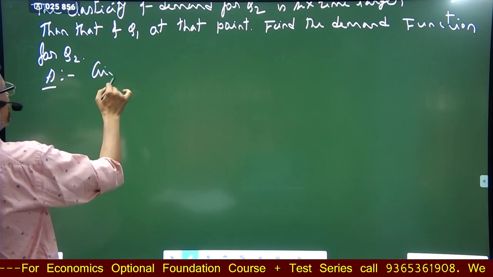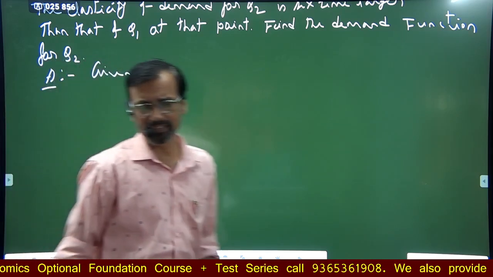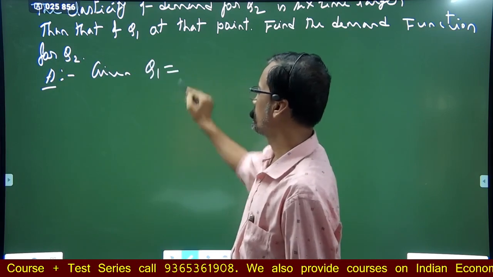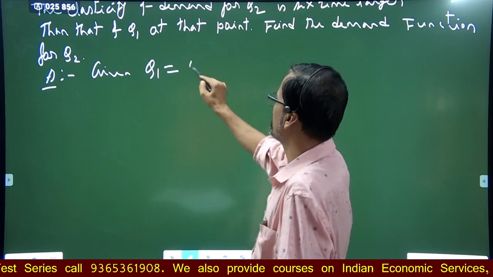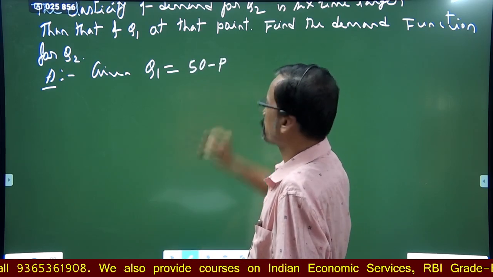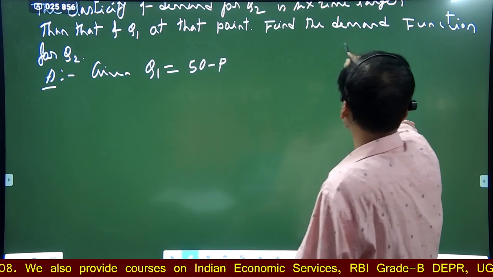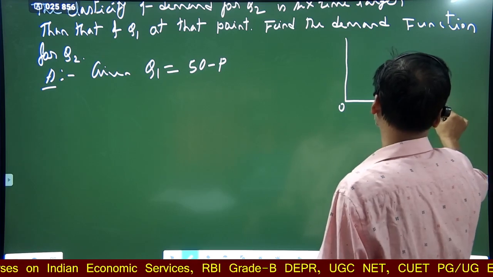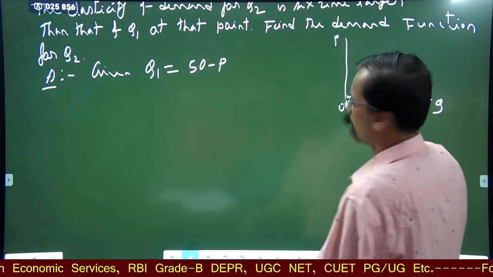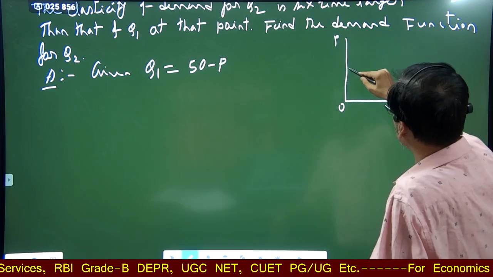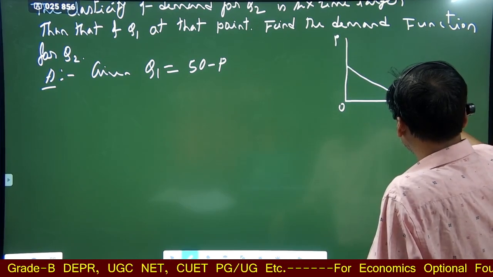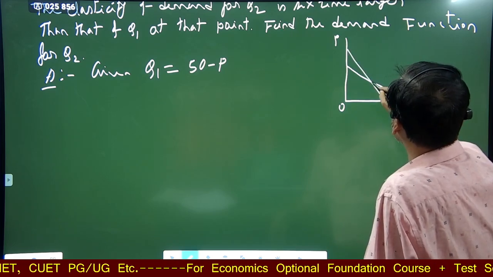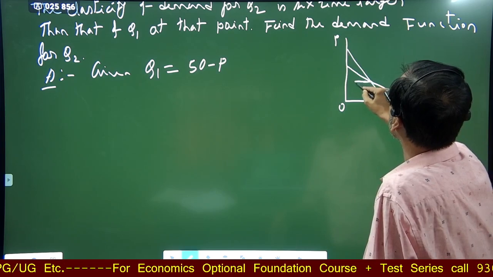What is given here is the first demand function, Q1, which is 50 minus P. This is the demand function. If we take a figure, say this is one demand function, Q1, and this is another demand function, Q2, and this is the price.